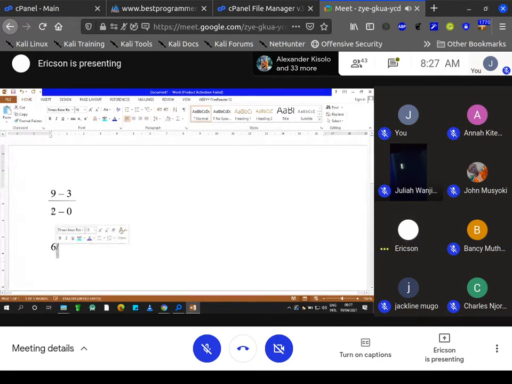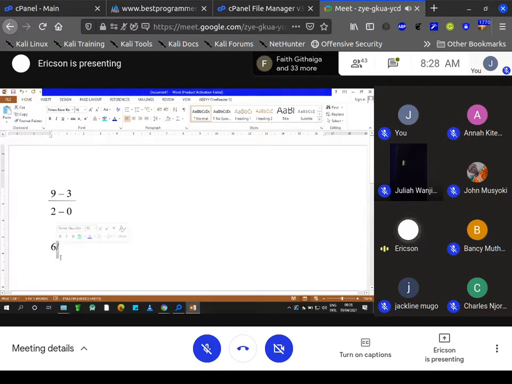Instead of me drawing a straight line here to symbolize division, I'll use this so that I avoid drawing this line each and every time.